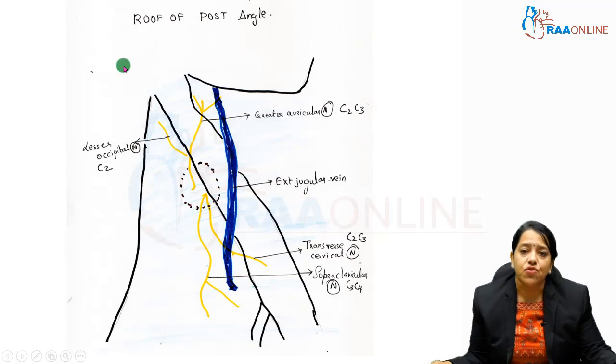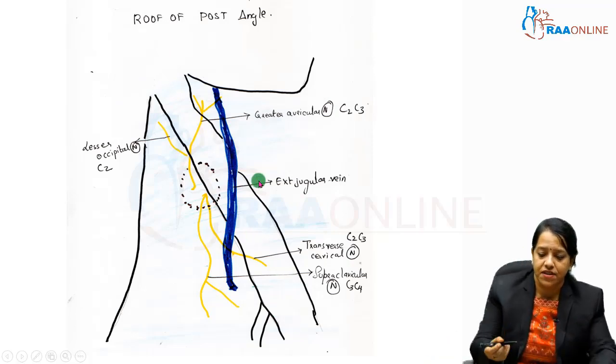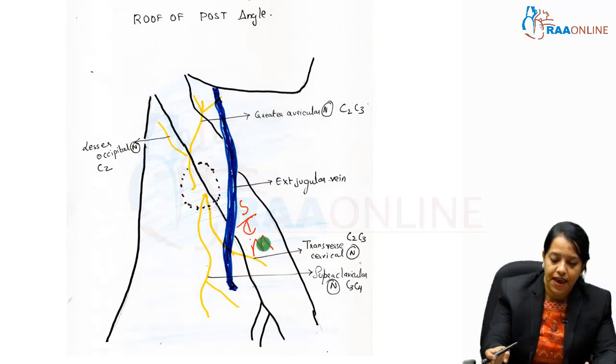Coming to the roof per se, this is the diagram of the roof. This is the base of the mandible, the angle of the mandible. Here comes the mastoid process, and here is the sternocleidomastoid muscle, which we will write as SCM.